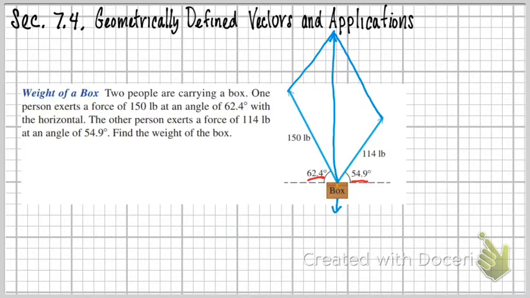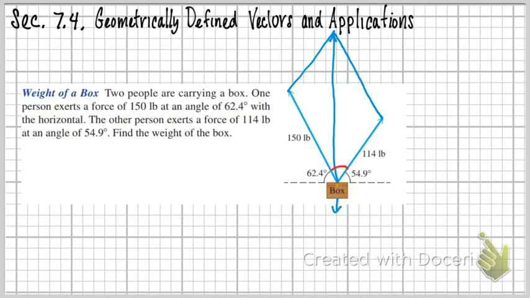Now, if I'm going to try to find that resultant, which is here, I'm going to have to think about this angle here. Now, I know all three of those angles together, that angle in the middle and plus these other two, create a straight angle, which tells me that that would equal 180 degrees.